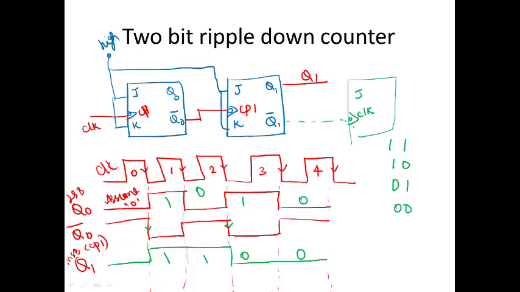And J and K, again it is tied high and it will be given to the common output. And this is your Q2. Okay. And as like I have drawn Q0 bar as a clock, here you need to draw Q1 bar for the clock. It will be acting as the clock for the next bit.